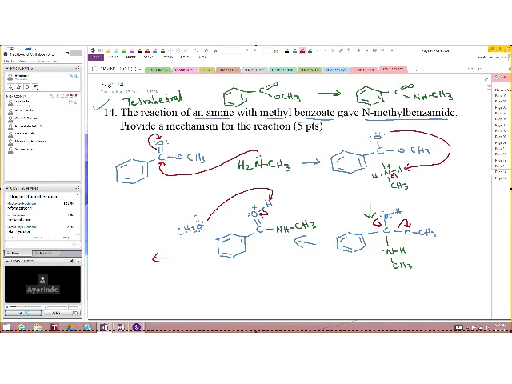Change the color of my pen here. And so now you have this. Okay, now we have this here, and now you have this. Okay, and that is the mechanism for this reaction.